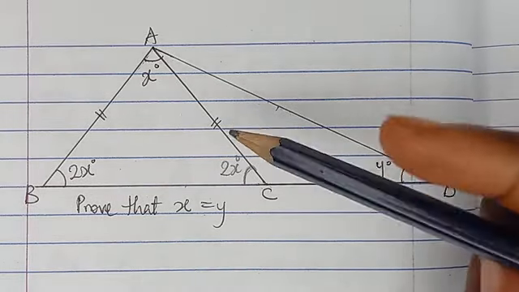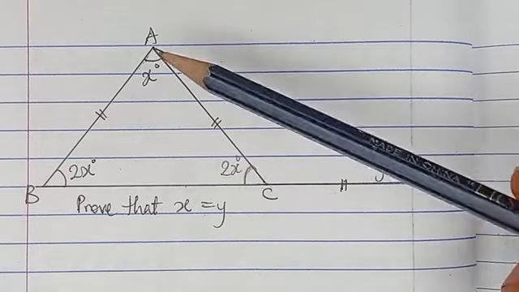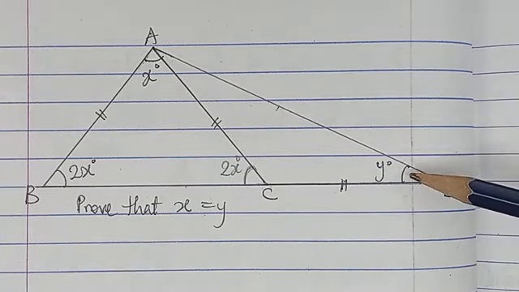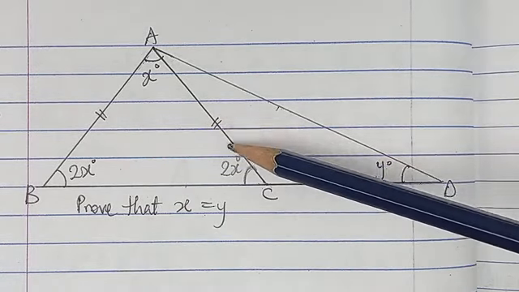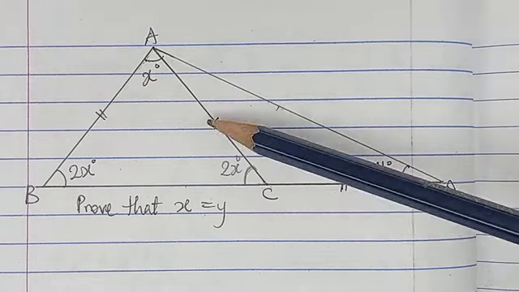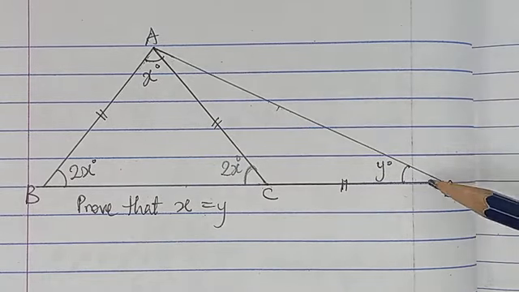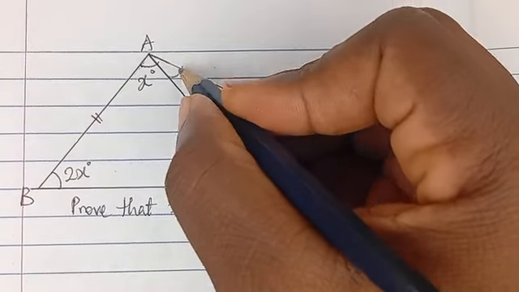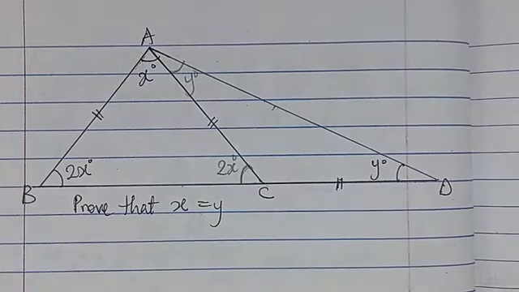And then looking at this other triangle, triangle ACD, we could see that it's also an isosceles triangle because these two sides are equal. Therefore, this is the base. So as angle Y is at the base, this other place is also angle Y degrees.